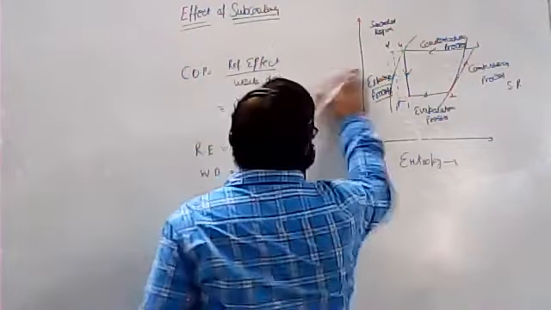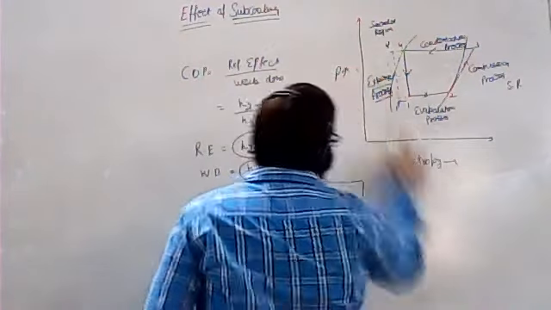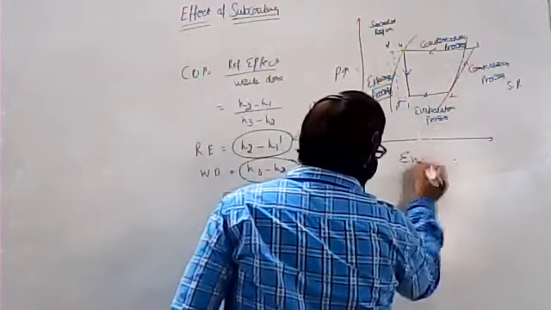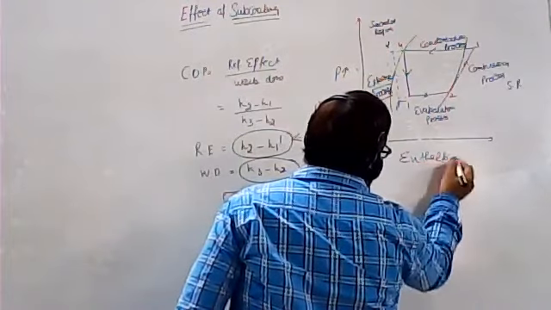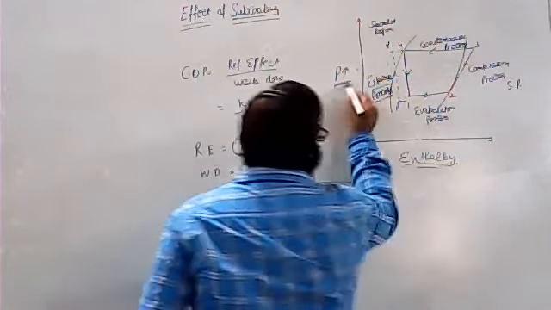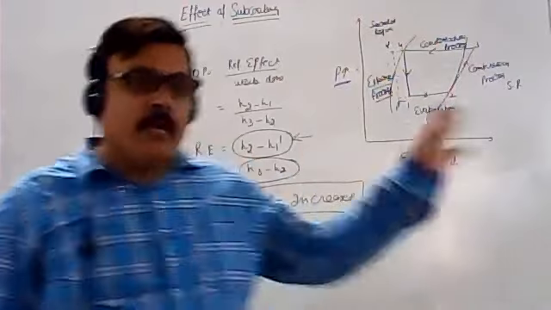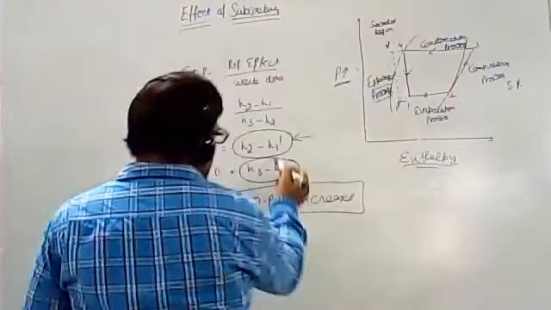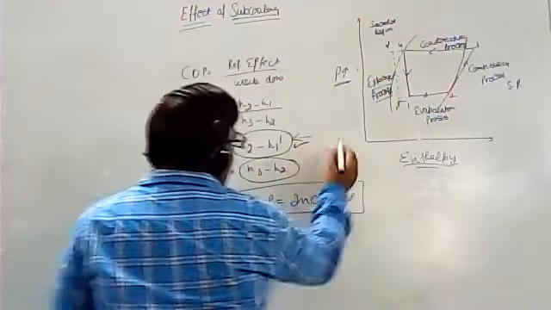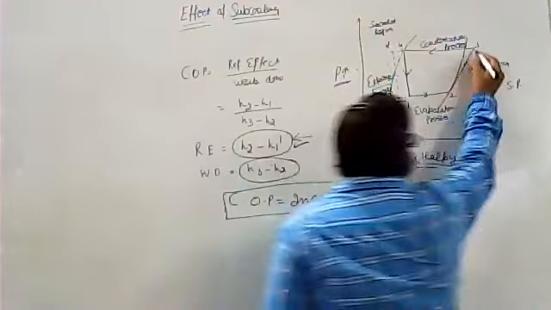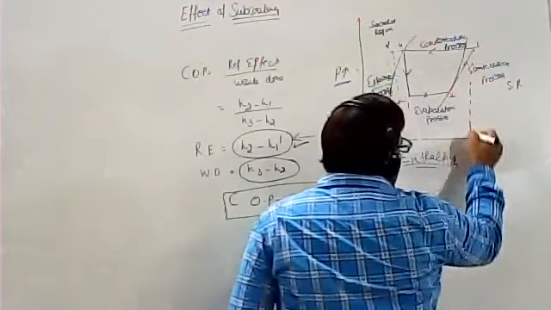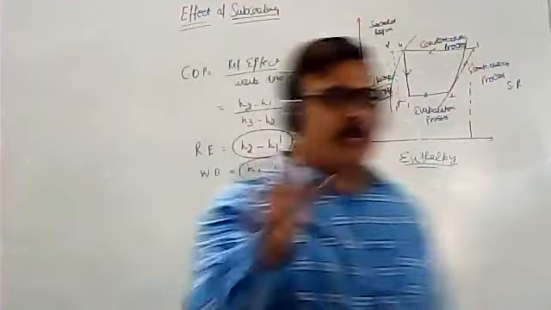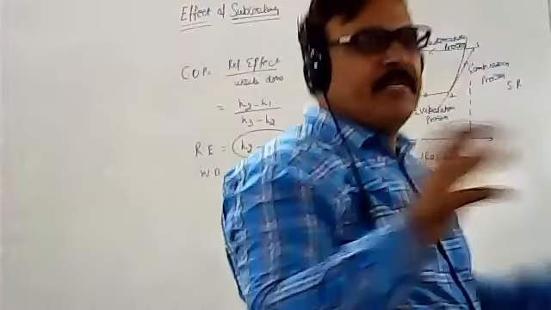So everybody note it. This is your pressure enthalpy diagram, not TS. Everybody note it. Because I am writing enthalpy, this is your pressure enthalpy diagram. So look at here. In the previous figure, you can also correct this: replace TS with pH.